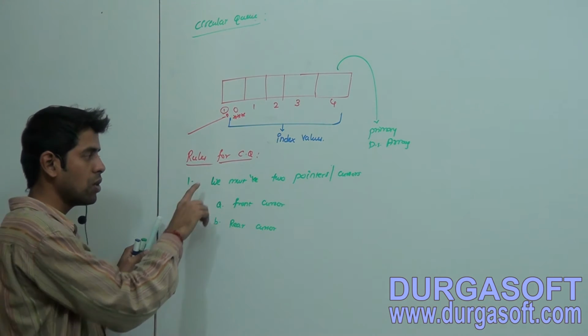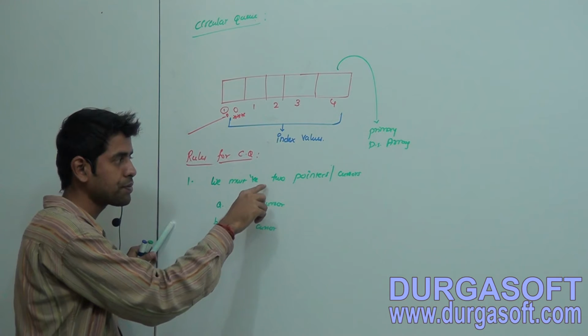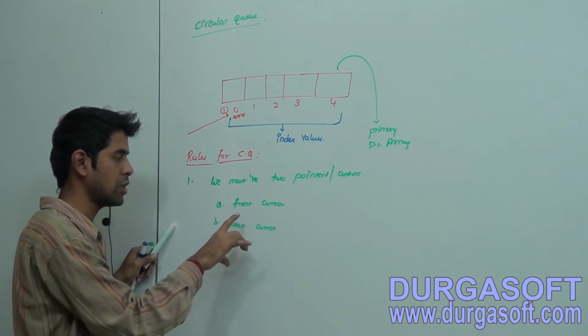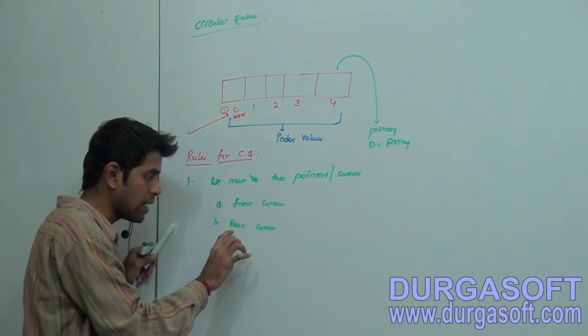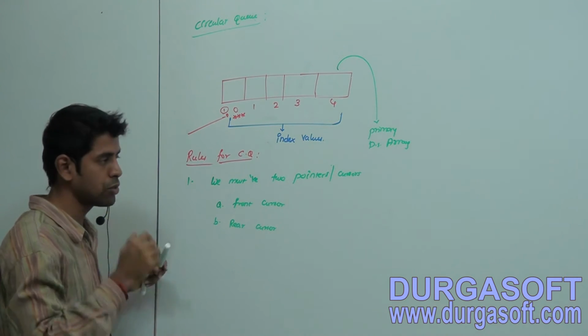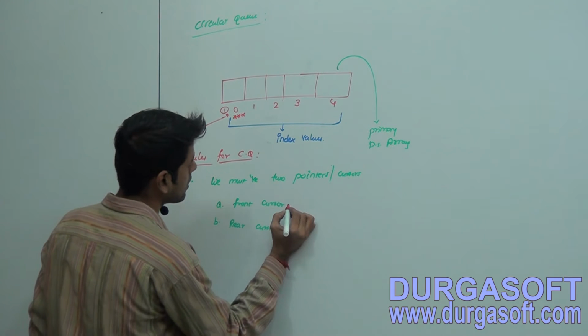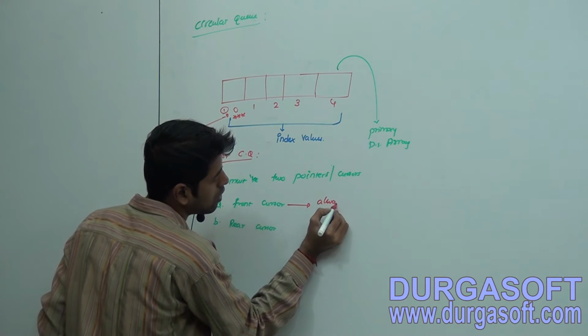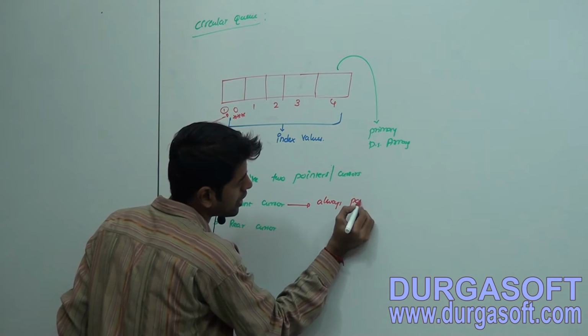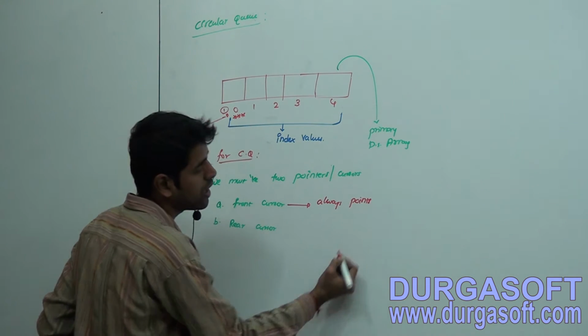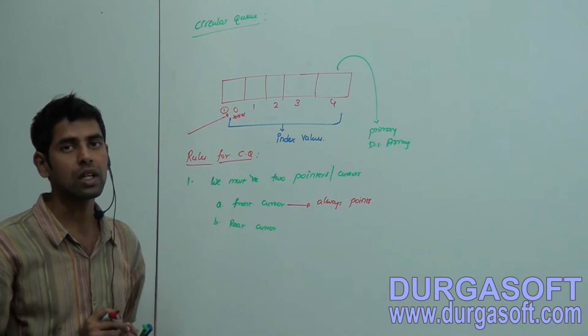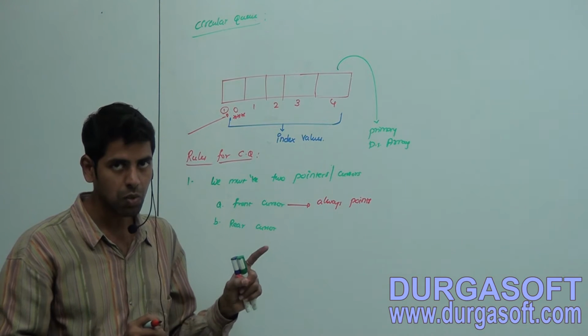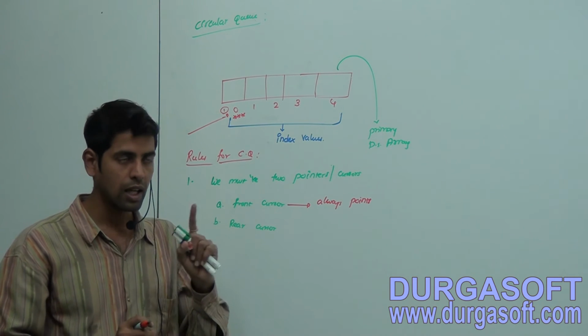So the first rule is, we must have 2 pointers. What is that? Front and rear cursor. Now this front cursor always points to the head element or starting element.